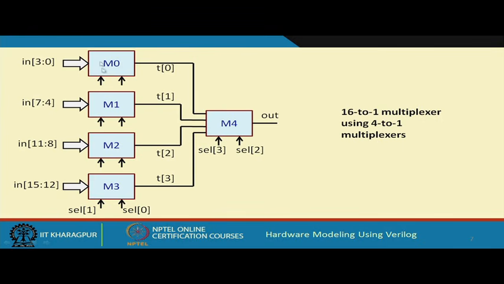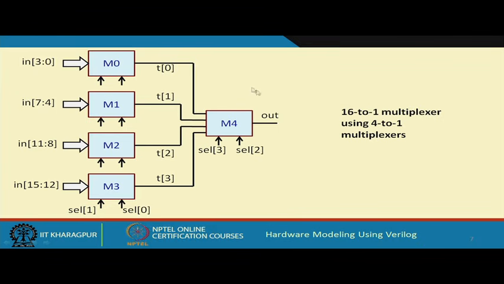In the first level there are 4 of them. The 16 input lines are broken up into 4 each: 0 to 3, 4 to 7, 8 to 11, 12 to 15, and in the second level the outputs of these multiplexers are feeding the input of this. And among the 4 select lines, the least significant 2 select lines, sel 0 and sel 1, are applied in the first level, and the high order bits are applied here.